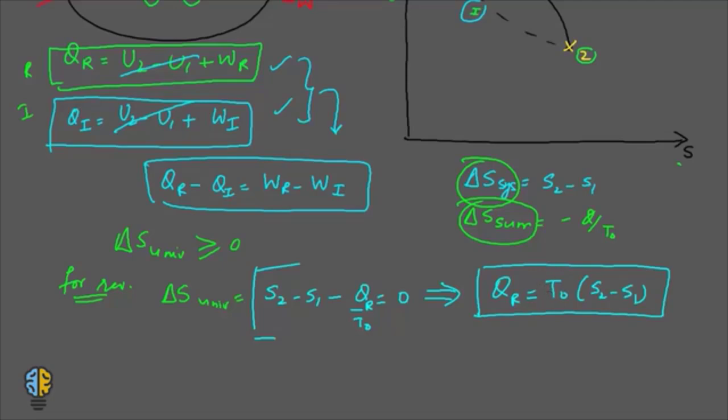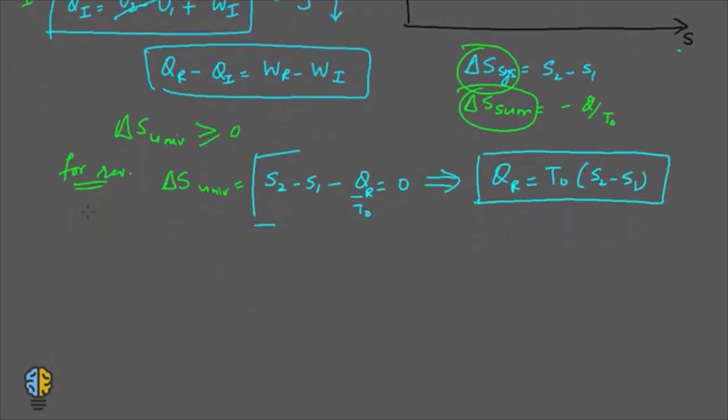Now for the irreversible process, delta S universe is equal to S2 minus S1 minus Q upon T0. This is a positive value, isn't it? And this is the irreversible heat flow.